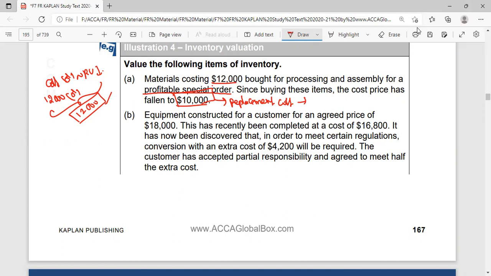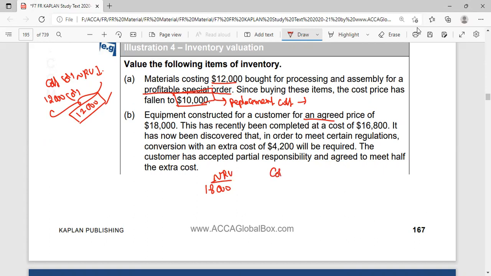This has recently been completed at a cost of 16,800. And it has now been discovered that, in order to meet certain regulations, conversion with extra cost 4,200 is required. So what is the agreed price of the customer? 18,000. This is called NRV, net realizable value.